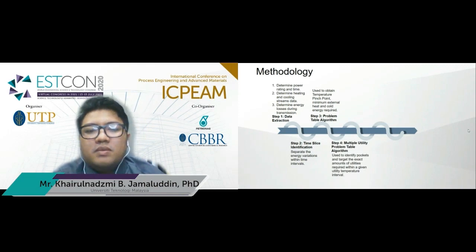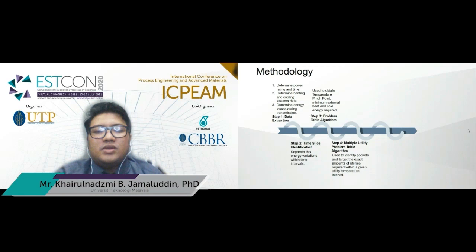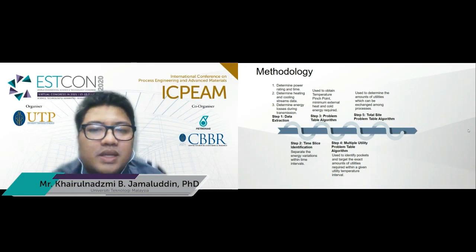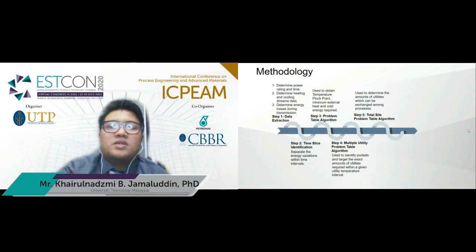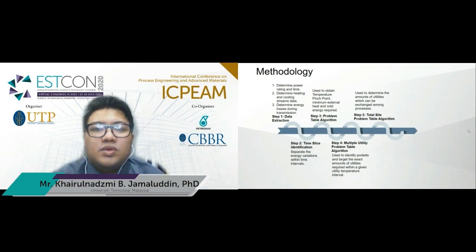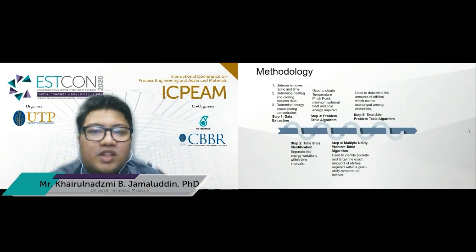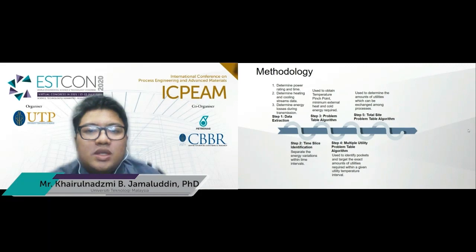So multiple utility PTA is used to identify pockets and also target the exact amount of utilities required within a given utility temperature interval. And the fifth step is the use of total site problem table algorithm. So total site PTA is actually used to determine the amount of utility which is exchanged among the processes.